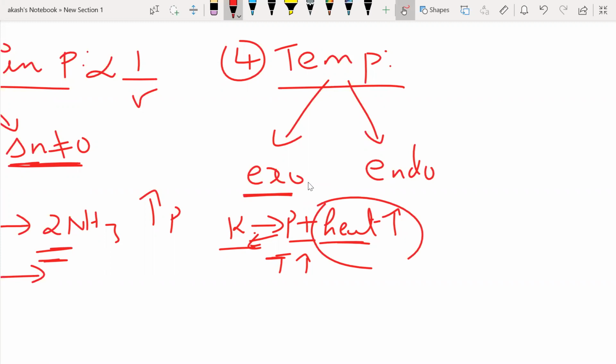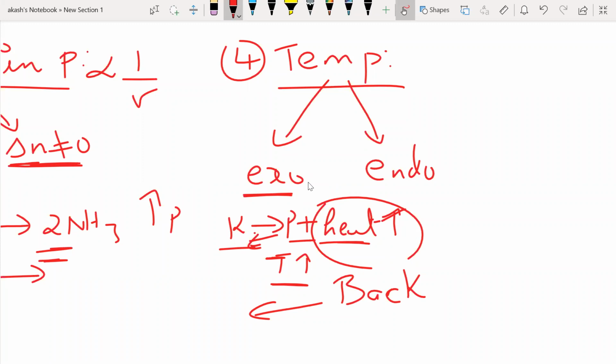So when I consider heat as one of the products, and I'm going to increase the temperature, the heat is also going to increase, or I can say the product is increasing. And if product increases, I know which side the reaction will move. It is going to move in the backward direction. Or you can use Le Chatelier's principle, or you can use common logic itself. In an exothermic reaction, heat is already evolving, and if you supply heat to the reaction, obviously it is going to move in the backward direction.